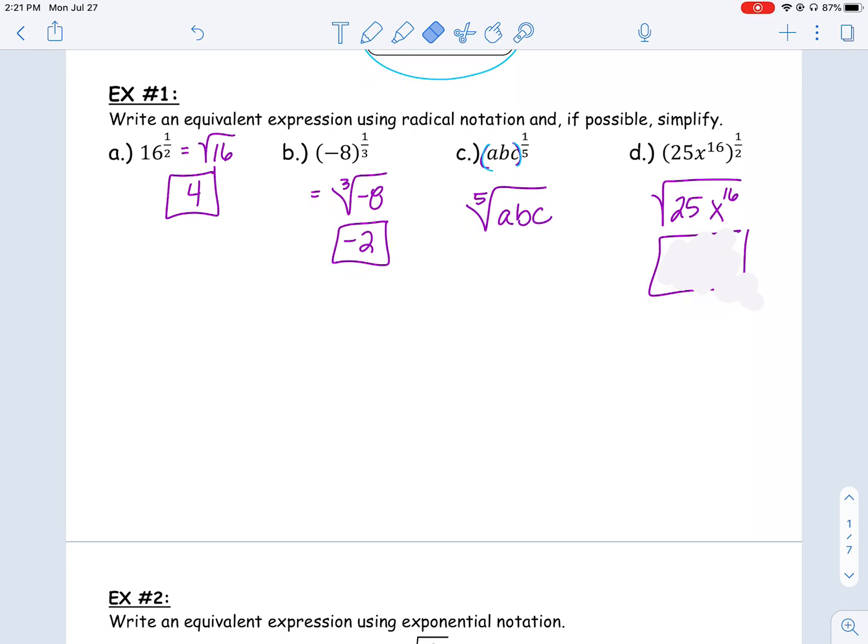I could say x to the 8th. Now remember, if this was an even root, I need to be worried about absolute values, especially if I have variables in my radicand. But if my answer is also even, then I shouldn't have to worry about absolute values because then everything will turn out to be equal. The left side should equal the right side. So on this one, I don't need absolute values, but I need to be thinking about it, right?